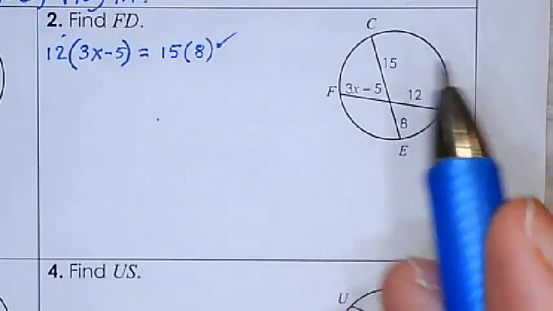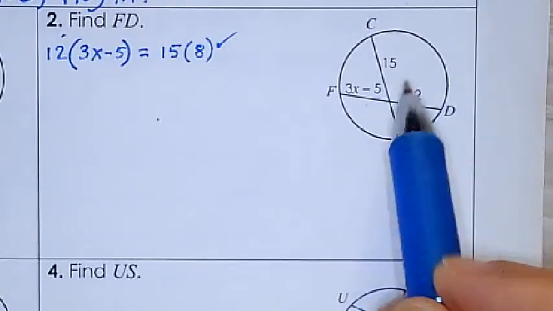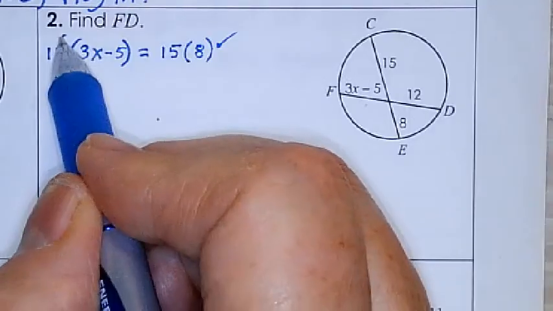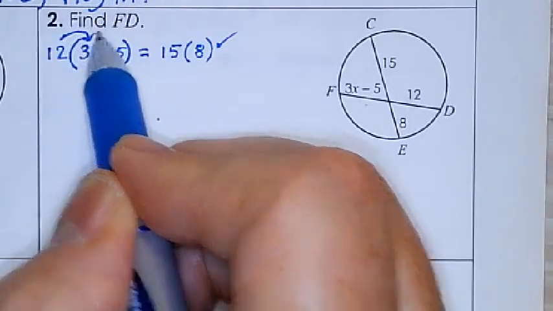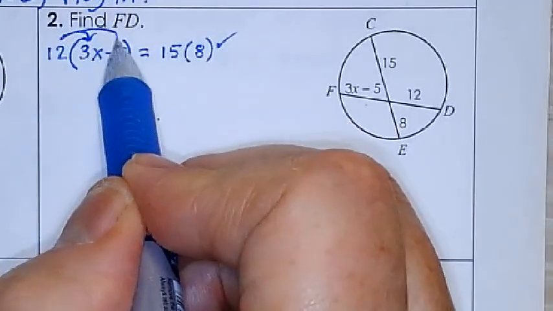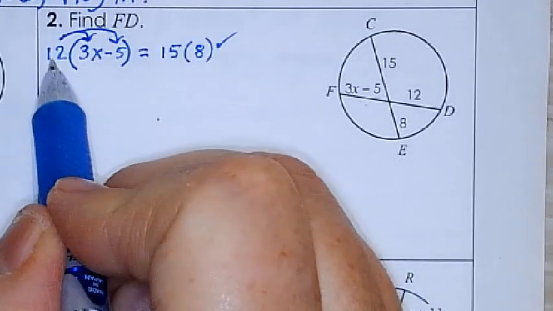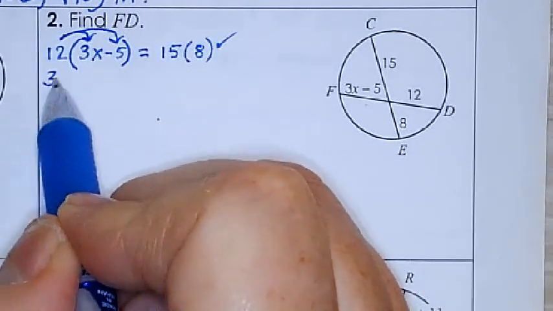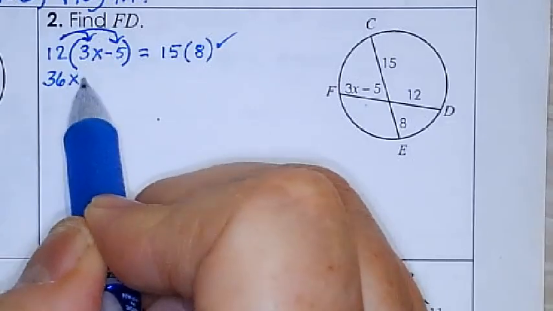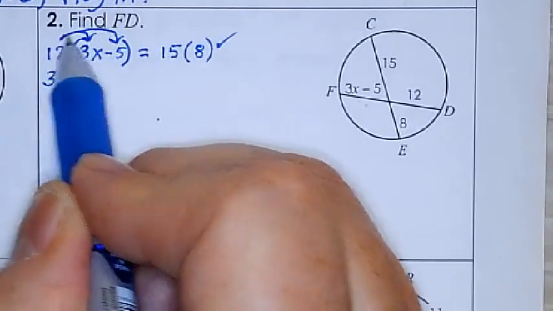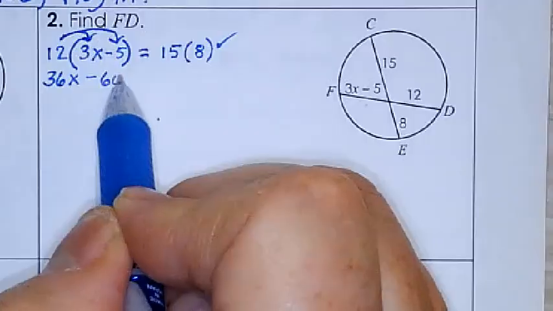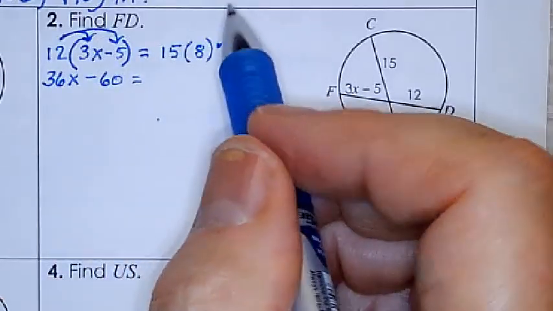Now, if you could kindly multiply through by the 12 across the parentheses, 12 times 3, so that's 36x, minus 12 times 5, and then 15 times 8, which is, I'm sorry, what is it?